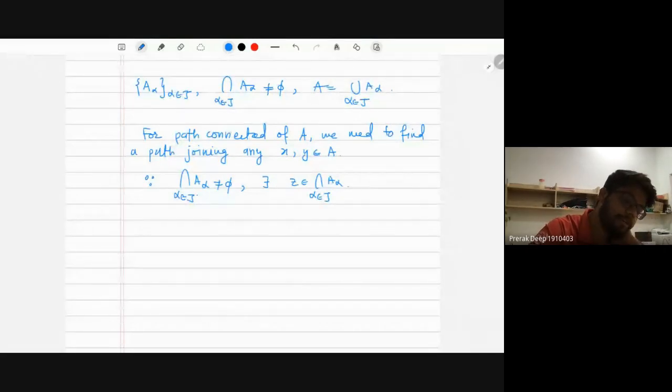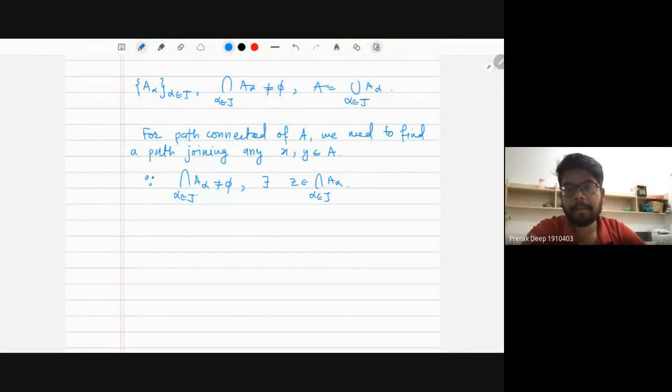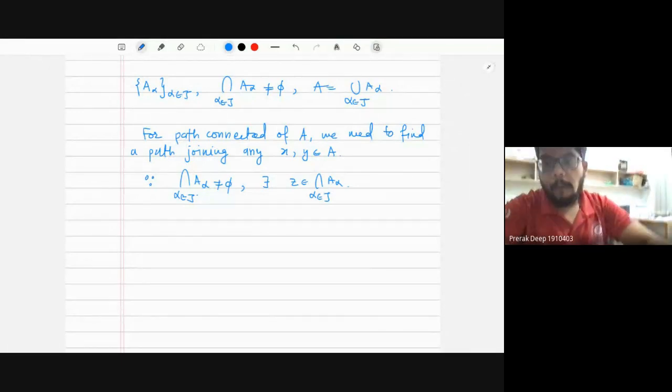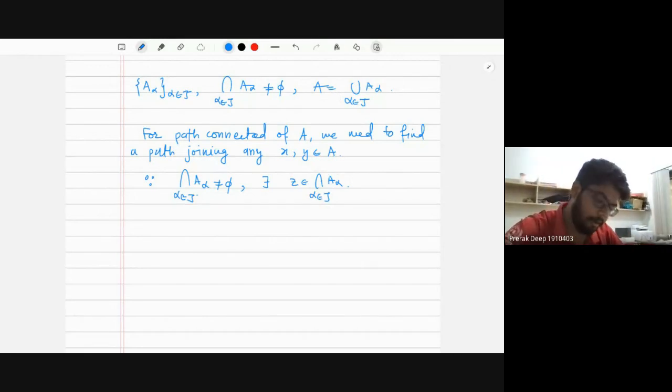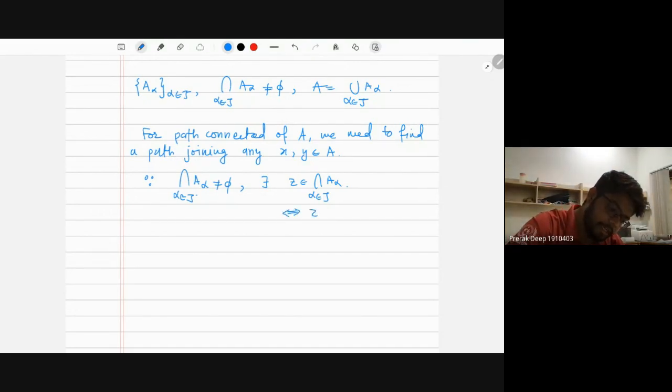Since it is part of the intersection over all the spaces, this is equivalent to saying that z is in each A alpha, for each alpha in the index set.